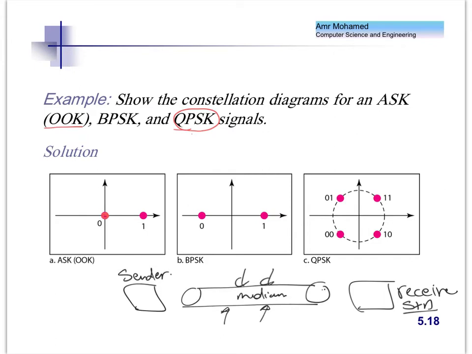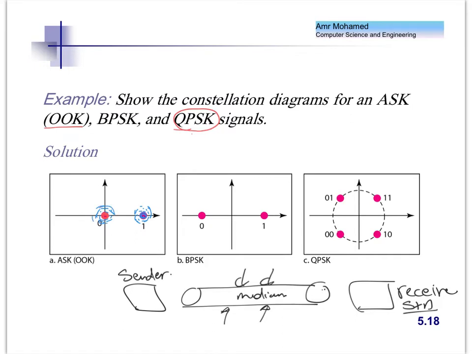What is the result here? The result is that the noise will affect the symbols as follows. So each of the symbols that represent the one will be received at the receiver side like this. So here it will be like this, right?